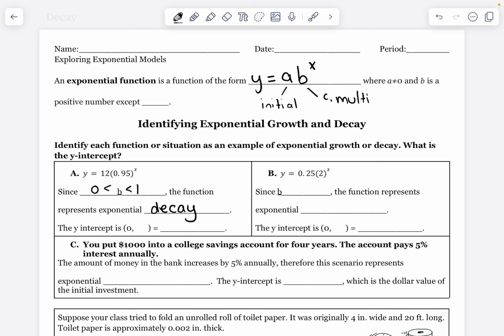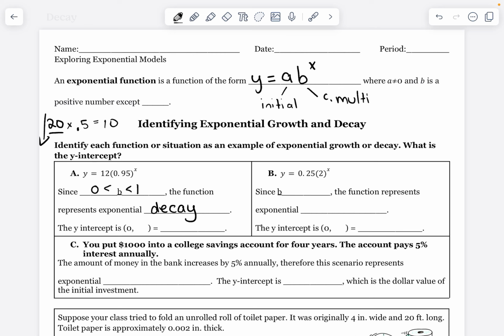And you can logic your way through it. Think about the number 20. If you multiply 20 by a number that is between 0 and 1, I think the easiest one to think about would be 0.5, well, 20 times 0.5 would be 10. So your initial value is decreasing when you multiply it by a number that is between 0 and 1.